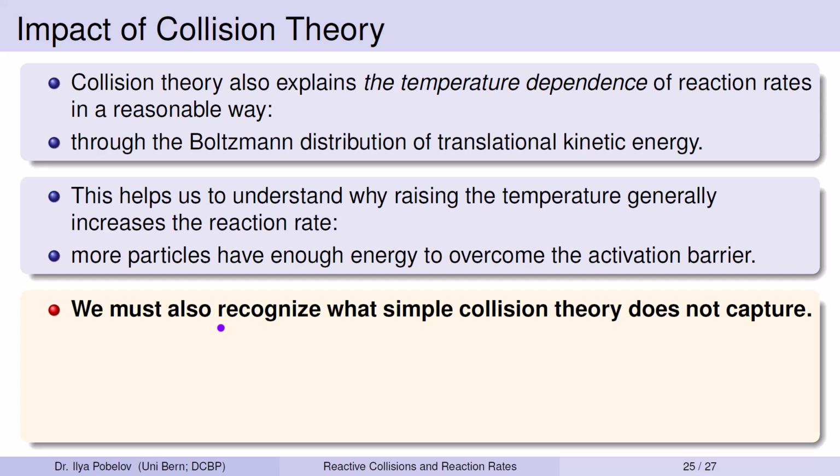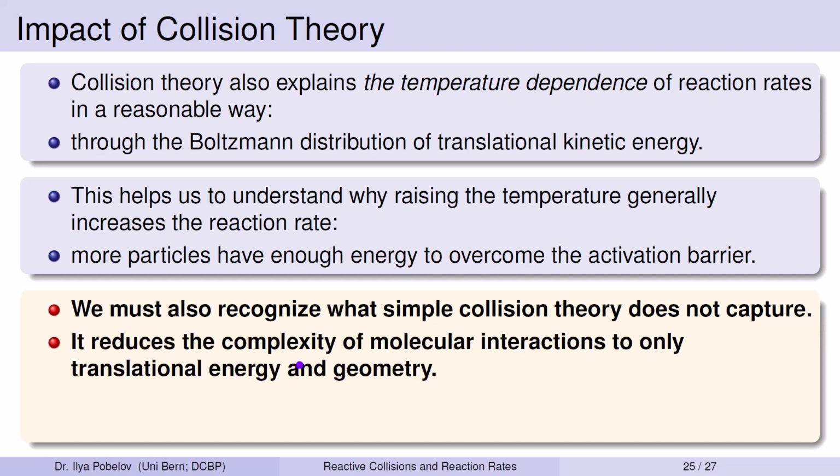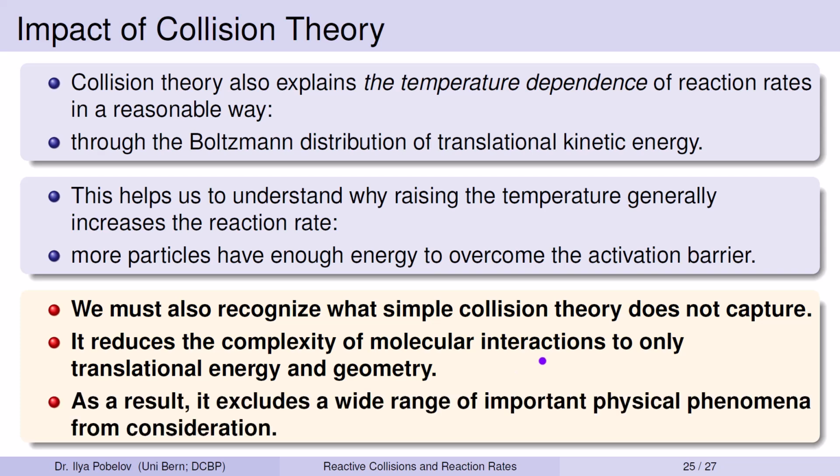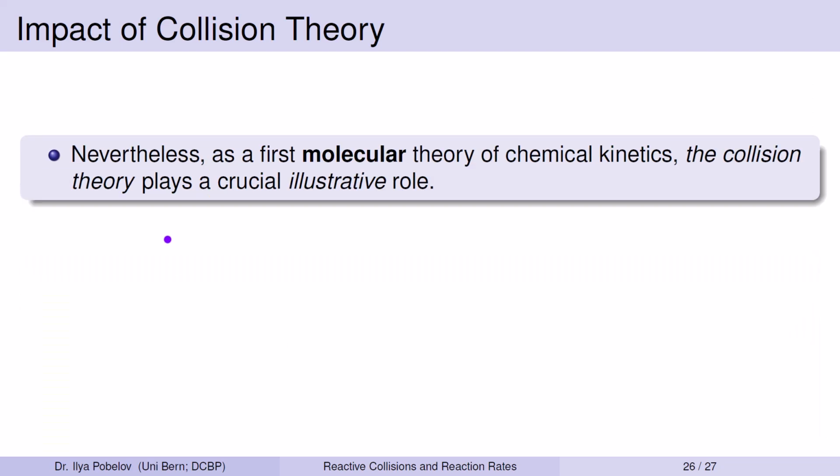However, we must also recognize what simple collision theory does not capture. It reduces the complexity of molecular interactions to only translational energy and geometry. As a result, it excludes a wide range of important physical phenomena from consideration. Nevertheless, as a first molecular theory of chemical kinetics, the collision theory plays a crucial illustrative role.